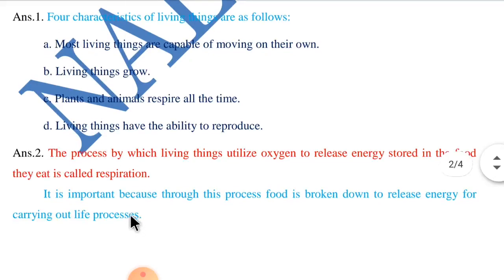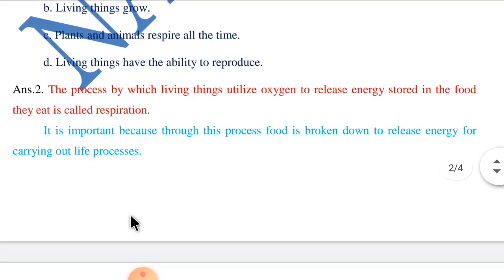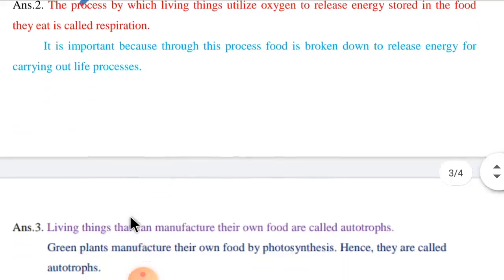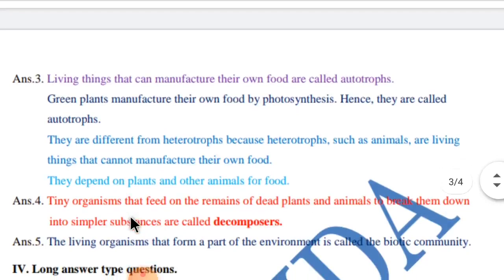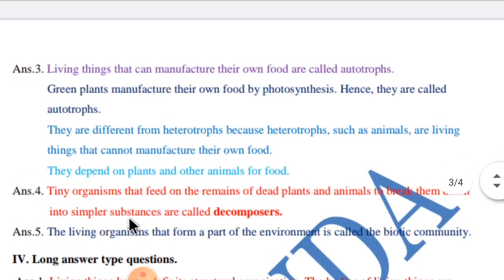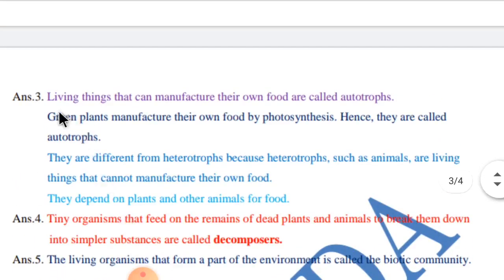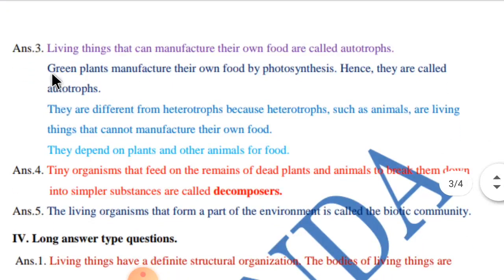Let's see the next question: what are autotrophs and how are they different from heterotrophs? First, what are autotrophs?